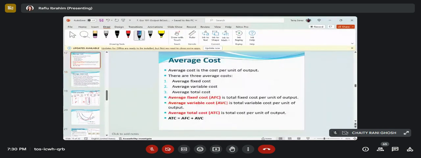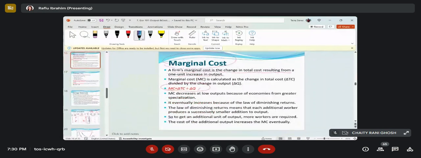Likewise, if you are hiring more workers and they are not able to bring you more output at the end of the day, hiring an additional worker is going to be more expensive for you because of diminishing marginal returns. And that is why the marginal cost curve is U-shaped.